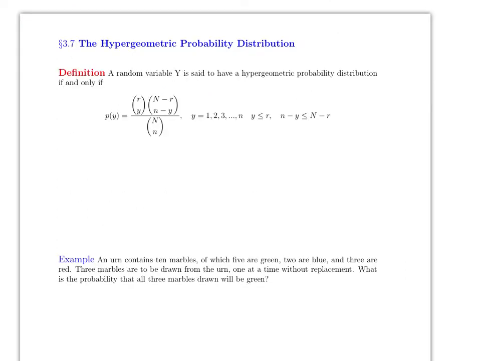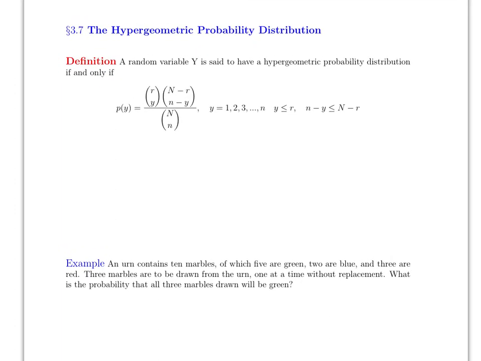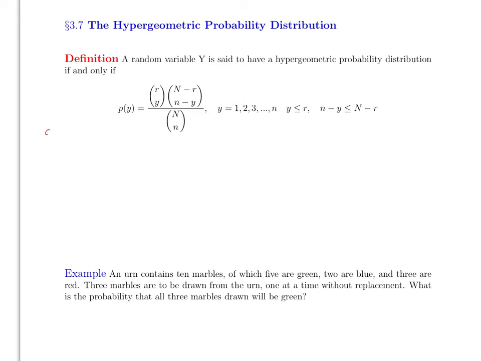Okay. We're going to skip section 3.6 and we're going to go to section 3.7, which is about the hypergeometric distribution. We actually have done this multiple times before, we just didn't call it a hypergeometric distribution. One of the examples we did was related to this.